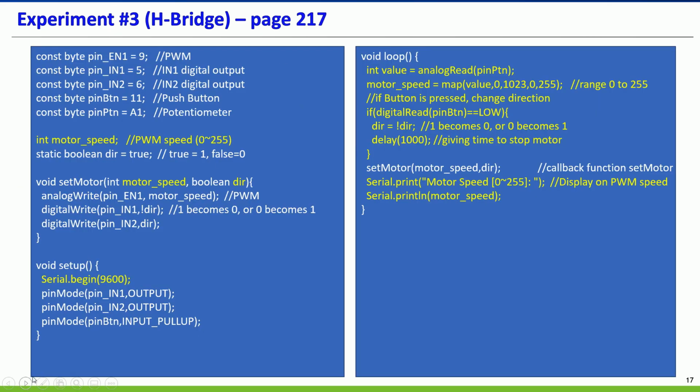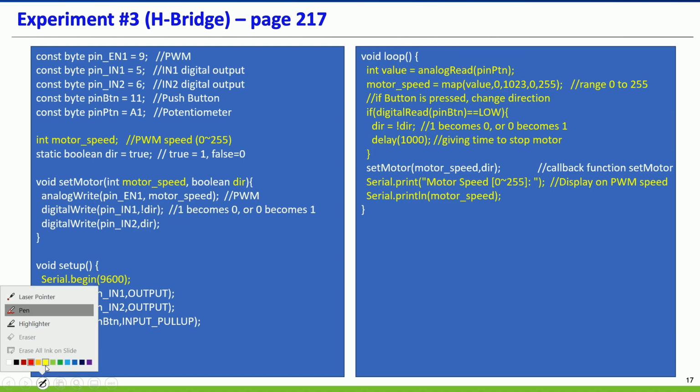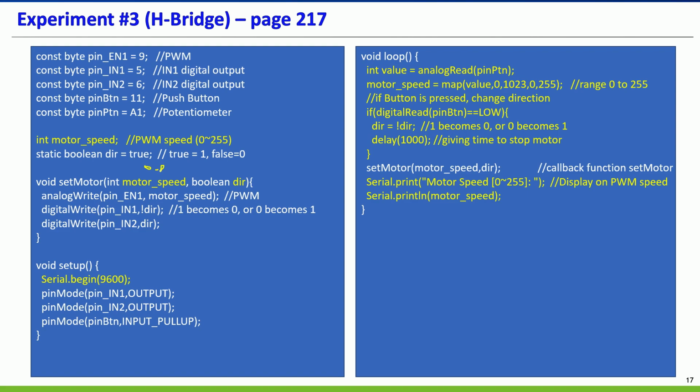I will explain again. In this case, the constant variable definition, and this one is the function set motor, which takes the motor speed from 0 to 255, and this Boolean direction value is 1 or 0, where true is 1, false is 0.